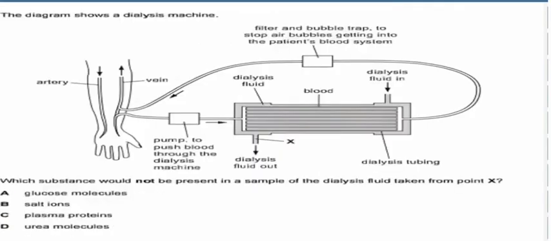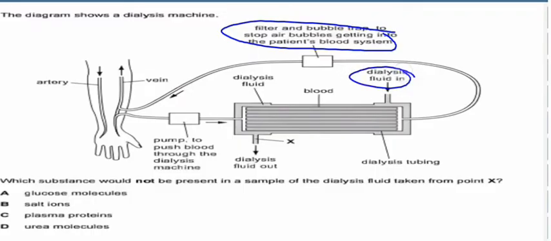The next one. The diagram shows a dialysis machine. So we have the filter and bubble trap to stop air bubbles getting into the patient's blood system. Then here we have the dialysis fluid in, and the blood.